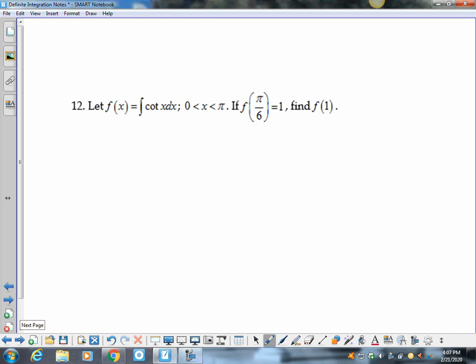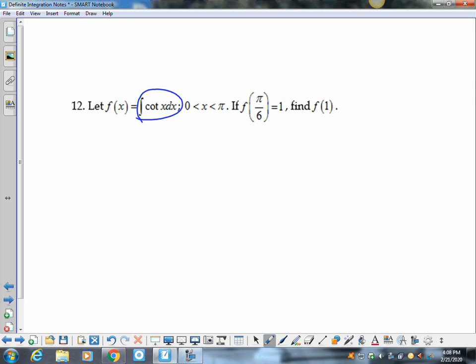All right, it says let f of x equal the integral of cotangent x dx. X is in between 0 and pi. And then it says if f of pi over 6 is 1, find f of 1. Okay, now notice this is not a definite integral because it does not have a lower and an upper bound. So if I'm going to integrate this, I'm going to have the plus c.